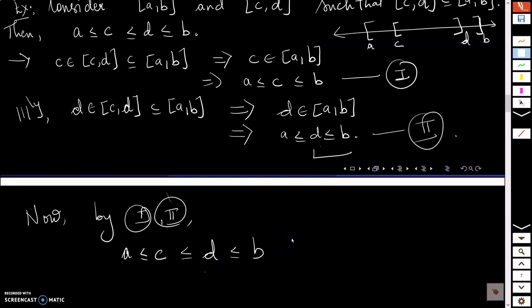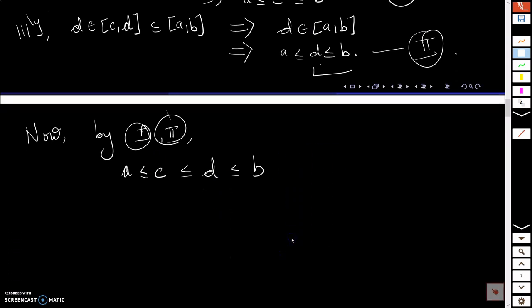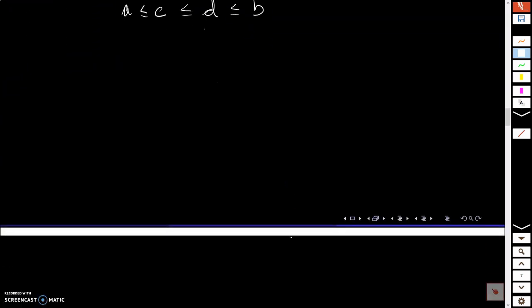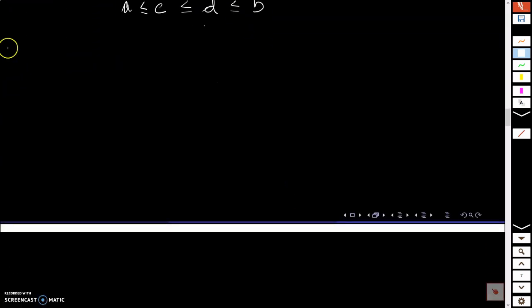Next, I'll prove a very important exercise. Okay. So supposing I have a sequence of intervals defined by Jn equal to a minus 1 by n comma b plus 1 by n for each natural number n.